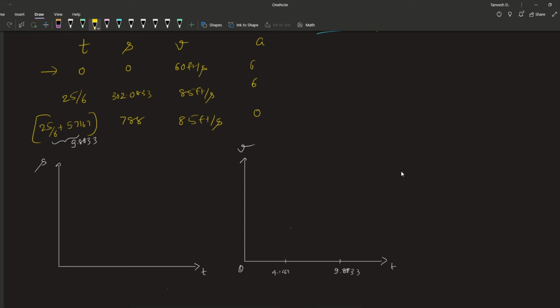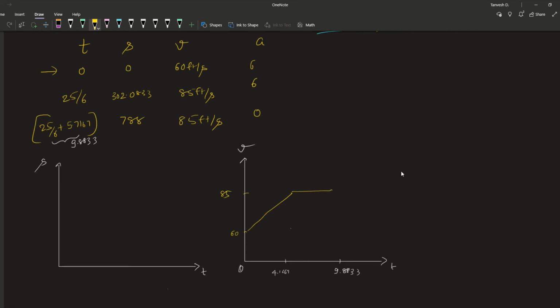So initially the velocity at 0 is 60 and finally it reaches 85. So let us say this is 85 and then it remains constant. So this is our velocity time graph.